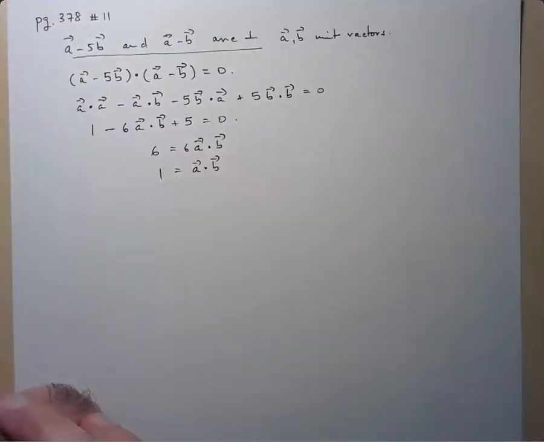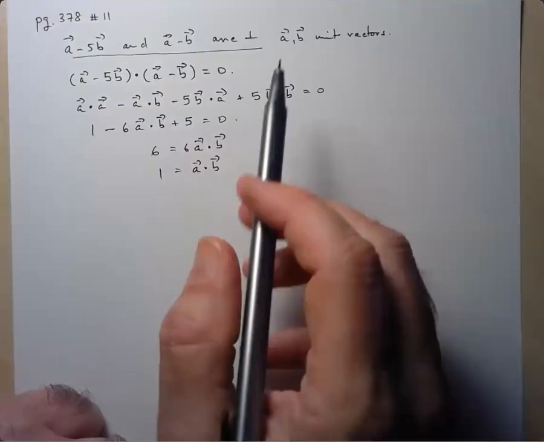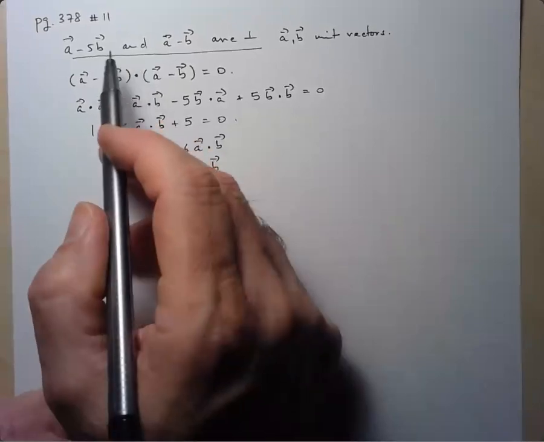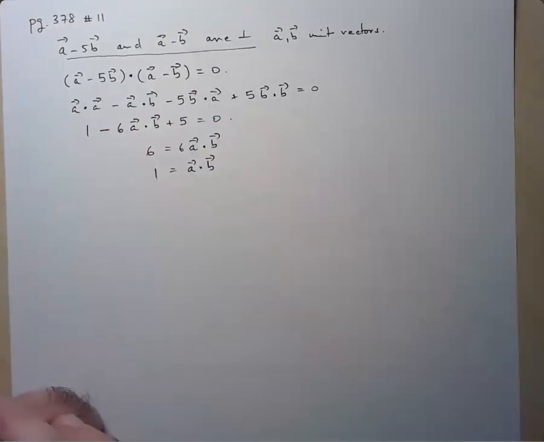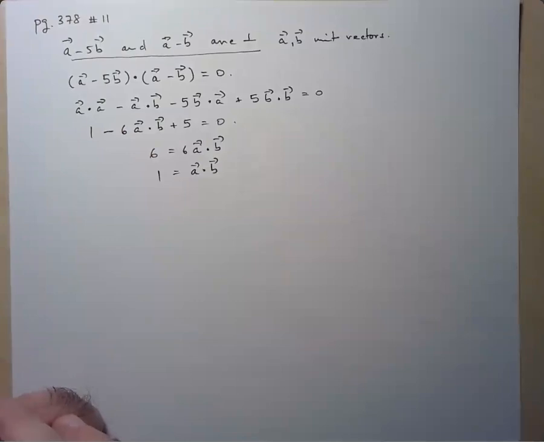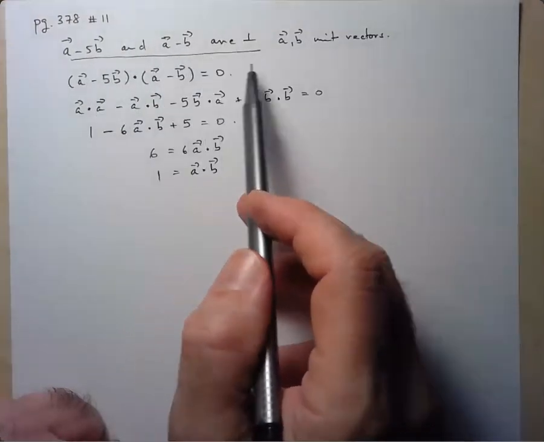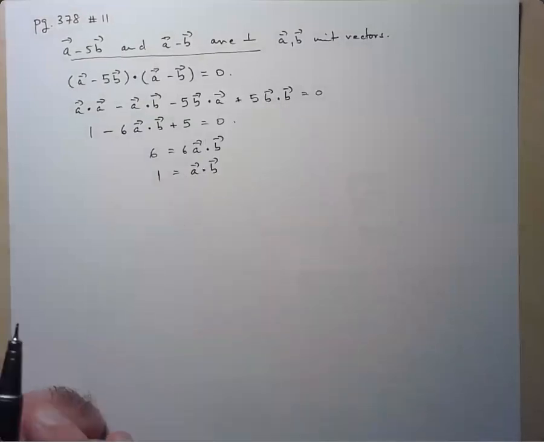Okay, so it's a nice little question because you're getting the answer indirectly, using a property that, knowing these two vectors were perpendicular, ended up helping us to determine the dot product between two of their components.